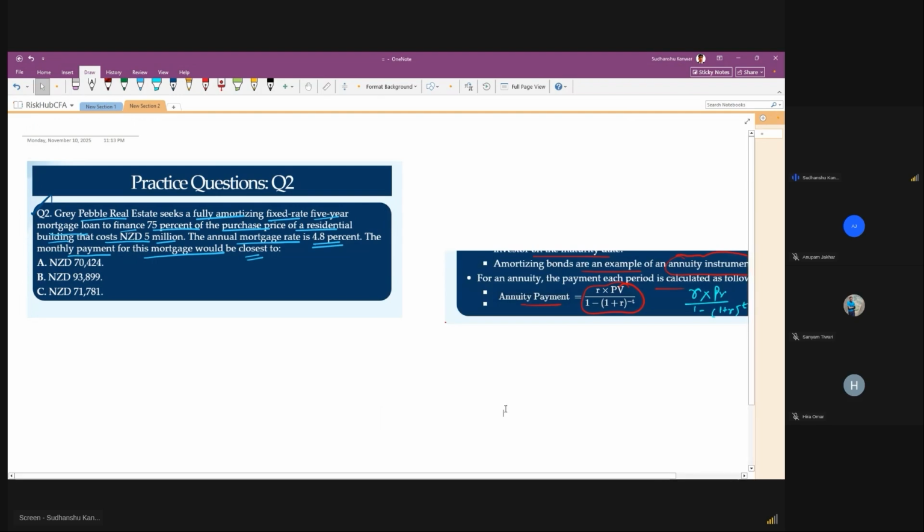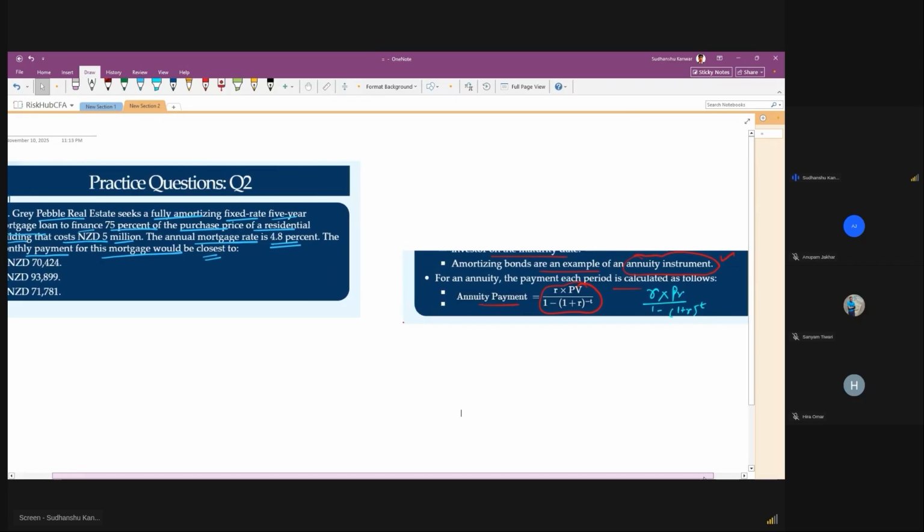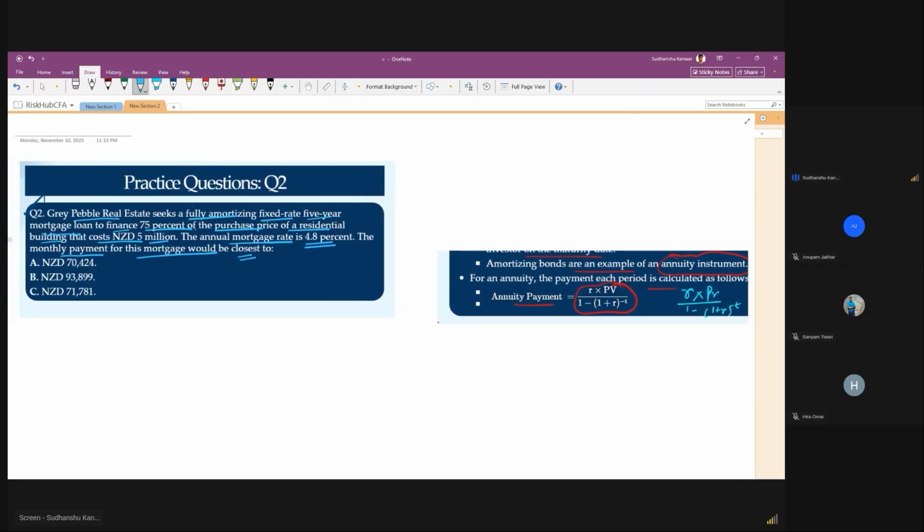This is also given in your slides. I have copy pasted that amortizing bonds are an example of annuity payment. If you read this question carefully, it's an amortizing fixed rate 5-year mortgage loan, and they are trying to find the monthly payment.